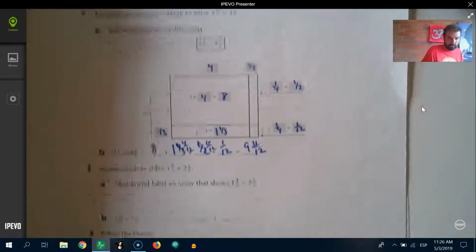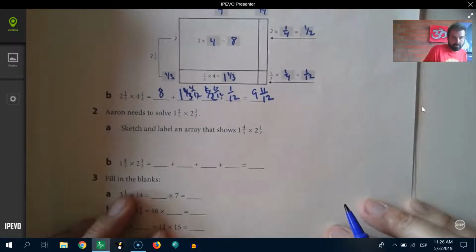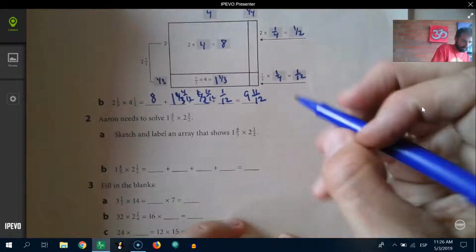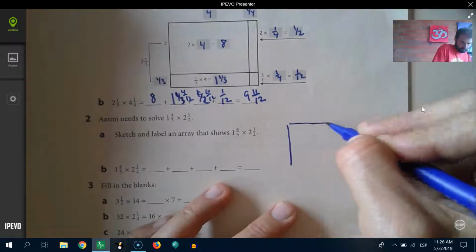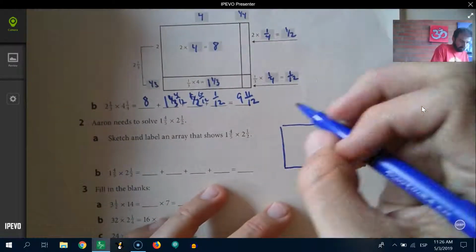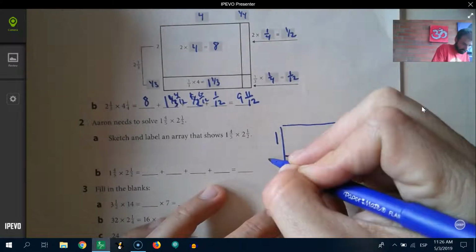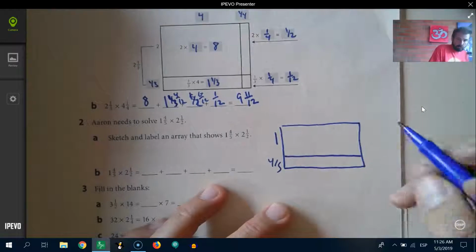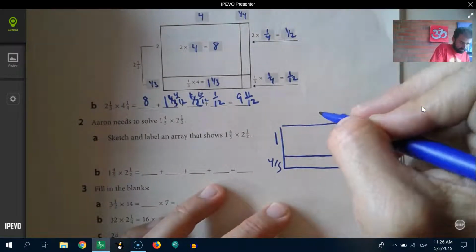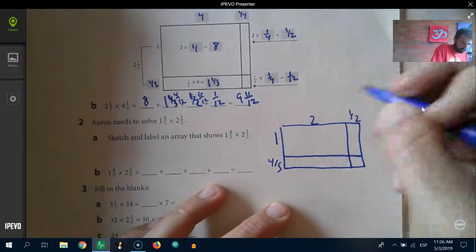All right, Aaron needs to solve 1 4/5 times 2.5. Sketch and label an array that shows that. So we have 1 and then 4/5, and this is 2 and 1/2.